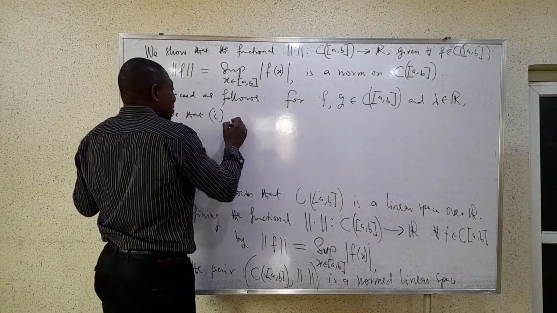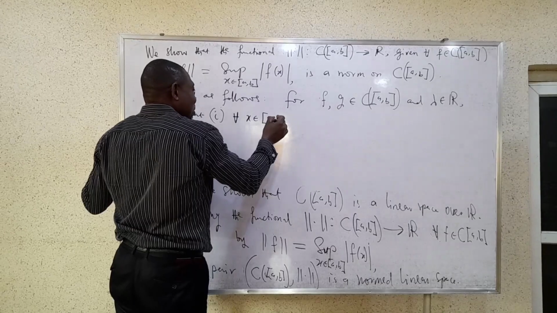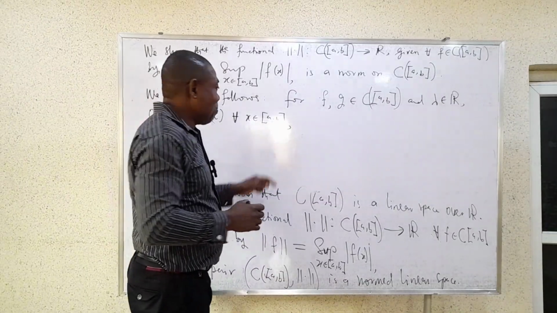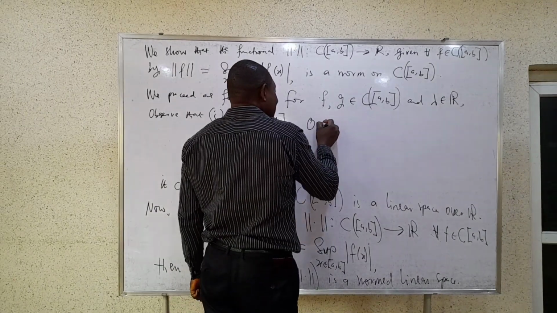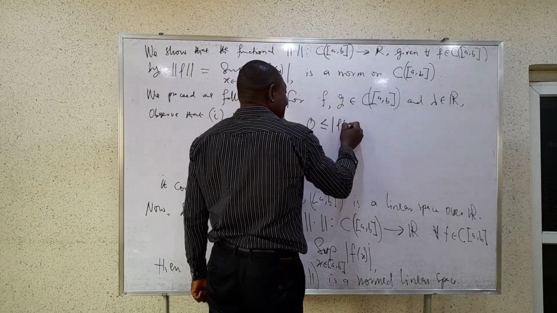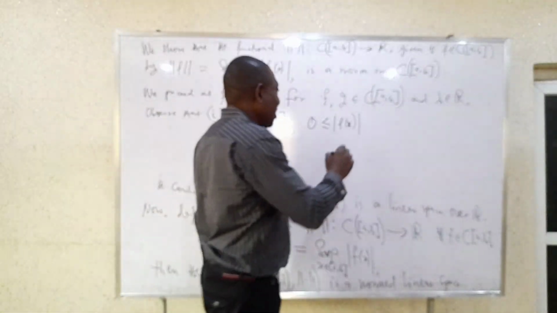For any x I pick in [a,b], 0 is less than or equal to the absolute value of f(x).